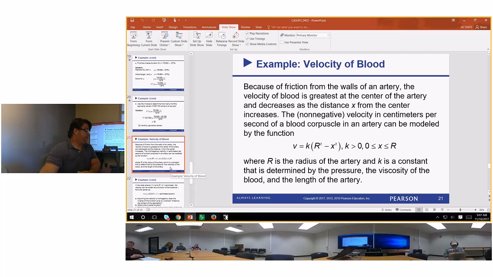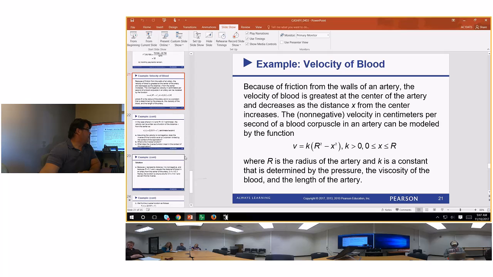Velocity of blood. Okay, that's interesting. Because of friction from the walls of the artery, the non-negative, meaning positive, velocity, because velocity cannot be negative, in centimeters per second of a blood corpuscle in an artery can be modeled by the function V equals K times R squared minus x squared, where K is above 0 and x is between 0 and R, so x and K are positive.